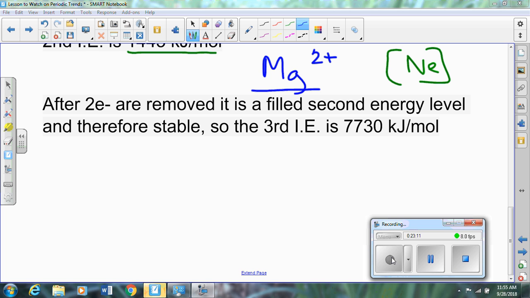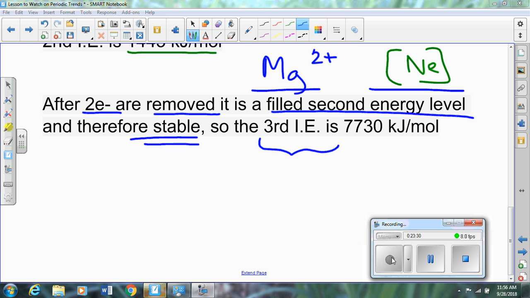So after the 2 electrons are removed, it has a filled second energy level, and therefore it's stable. If we tried to remove a third electron, that's what this would be, it takes a huge amount of energy, 7,730 kilojoules per mole, which you can see is more than 5 times what we had before.